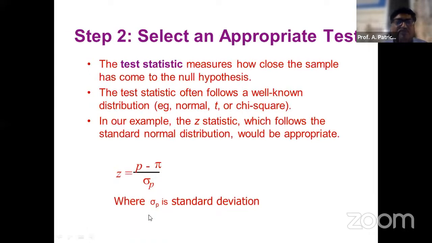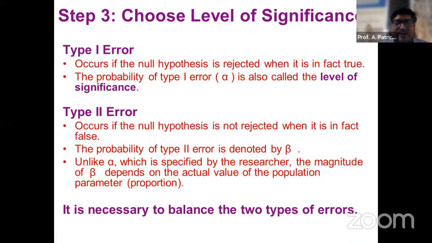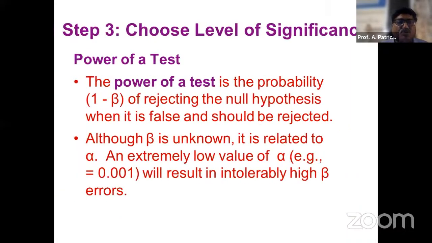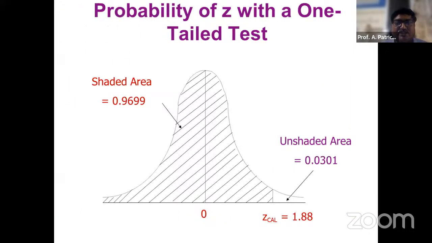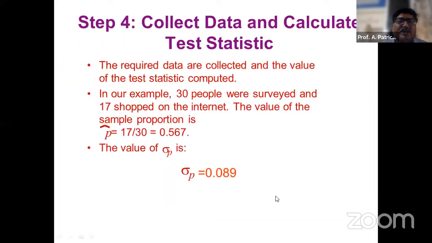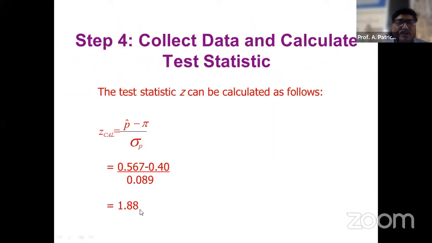Then we have this formula, we apply it and get a calculated value. So we go about deciding whether to accept it or not. This is the shaded region and unshaded region. Here you had a calculated value and it came to 1.88.